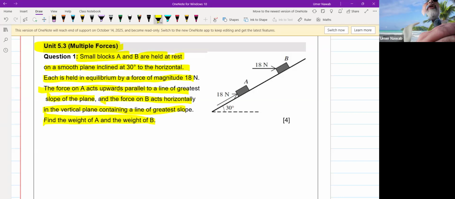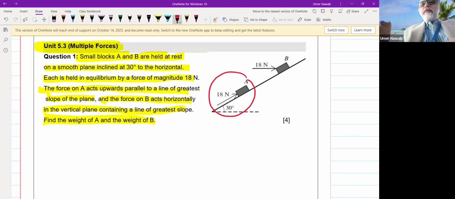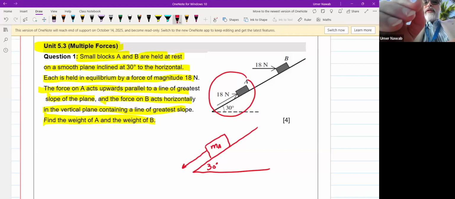Masses are not provided to us, but the system is in equilibrium. So can I just look at particle A first? Let me draw the diagram again for you. This is 30. And this is particle A, whose mass is MA. Weight component is 10 multiplied by the mass of A and sine of 30 degrees.